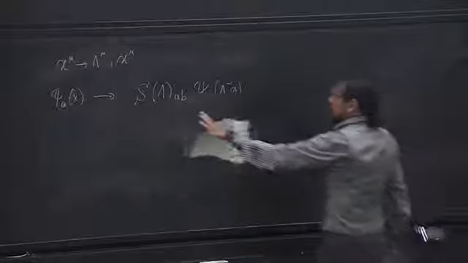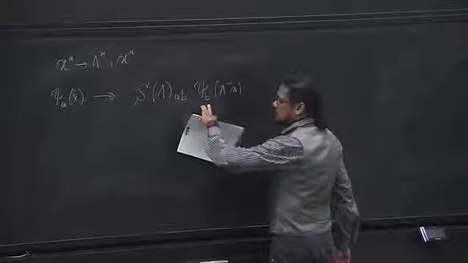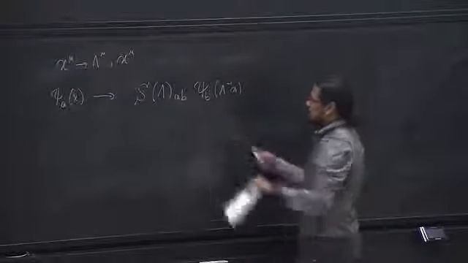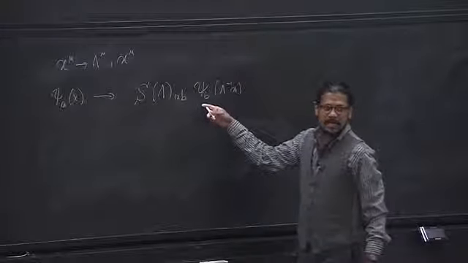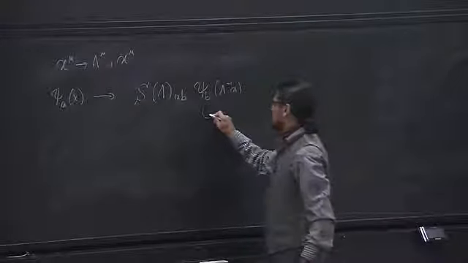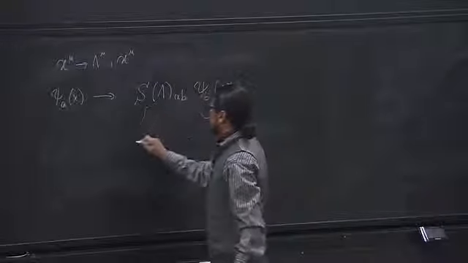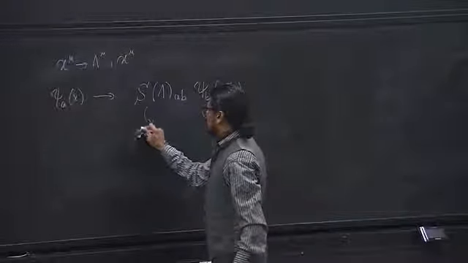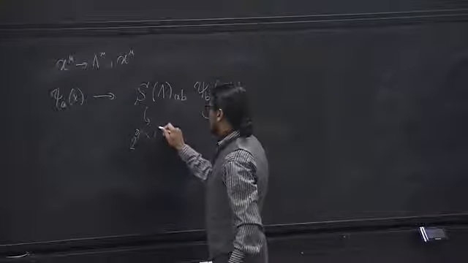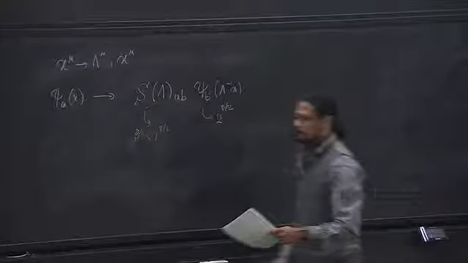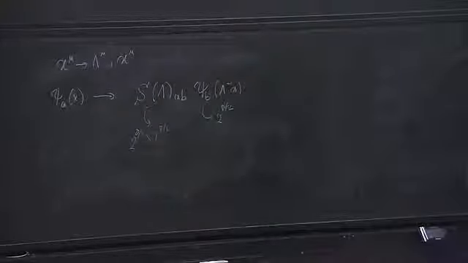And they act on some vector in the vector space sense, which are called psi. And the dimension of these is 2 to the power d by 2, and the dimension of these is 2 to the power d by 2 times 2 to the power d by 2. Okay? Yeah?